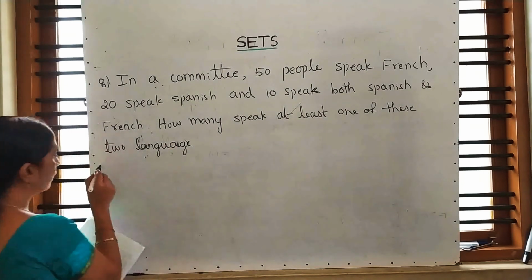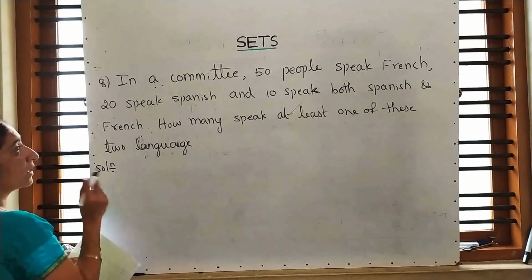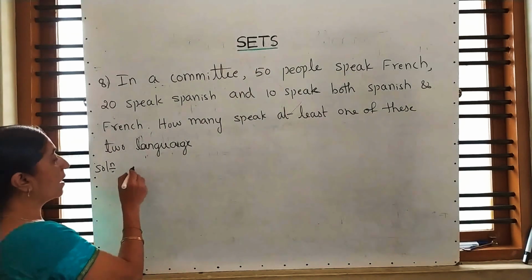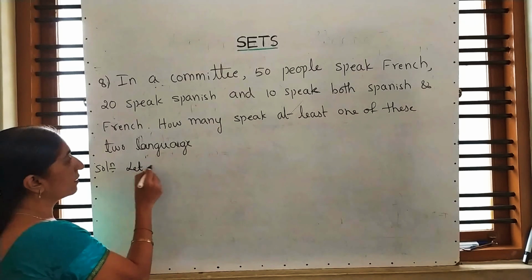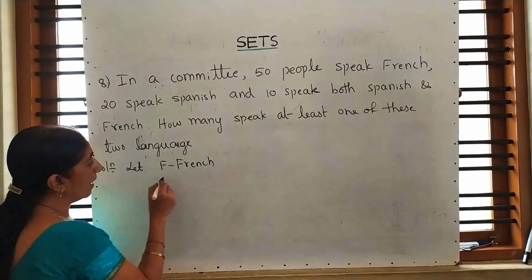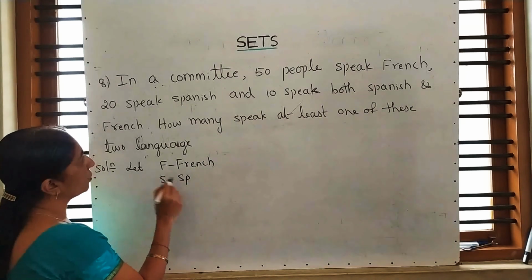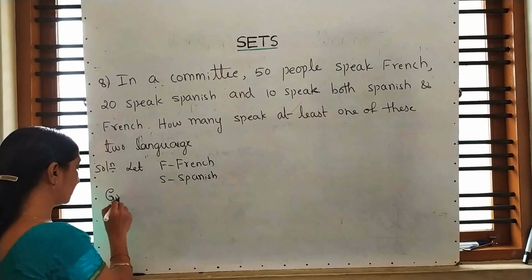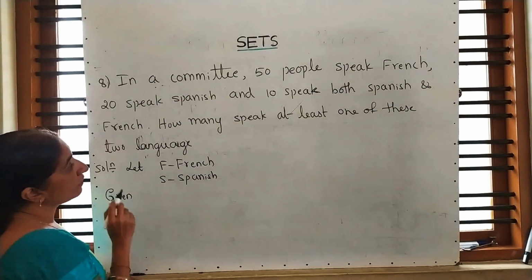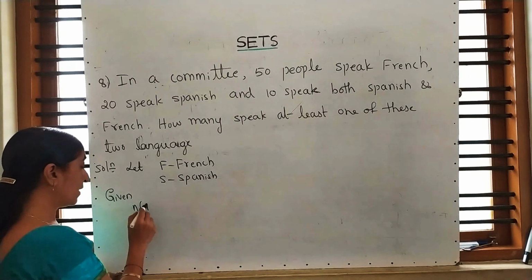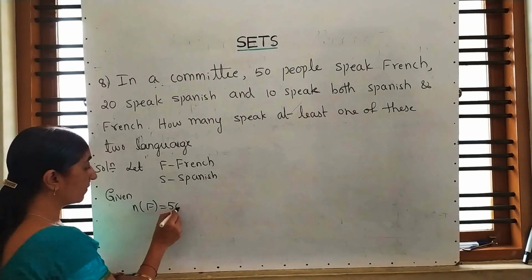See here, if you draw the figure and calculate, both give you the correct answer. In a committee, 50 people speak. I am taking F for French and S for Spanish. So what is given? 50 people speak French, the number of elements who speak French is 50.